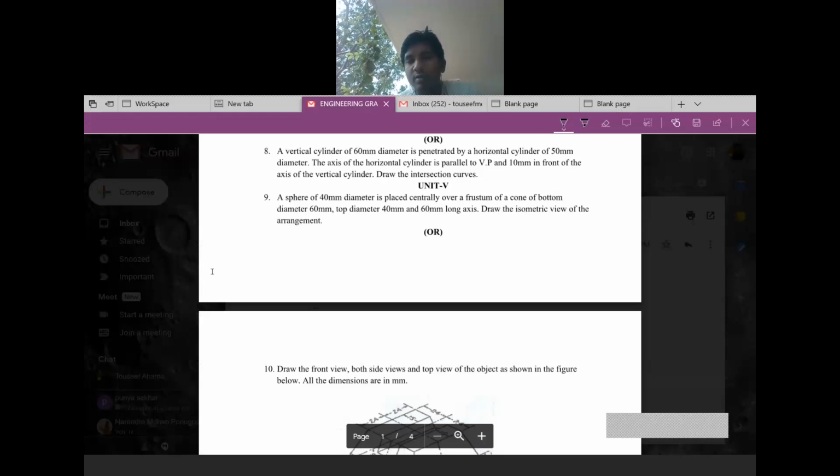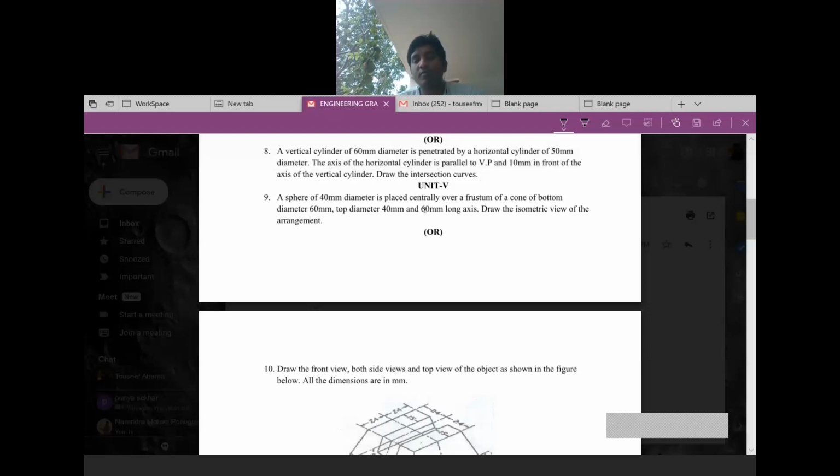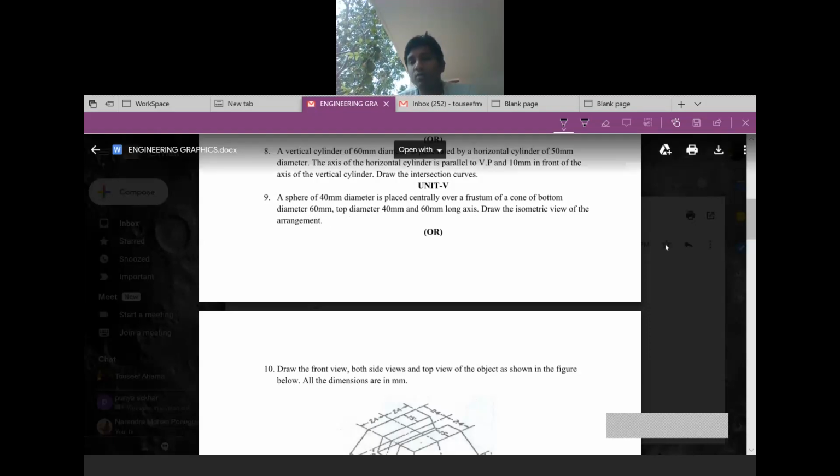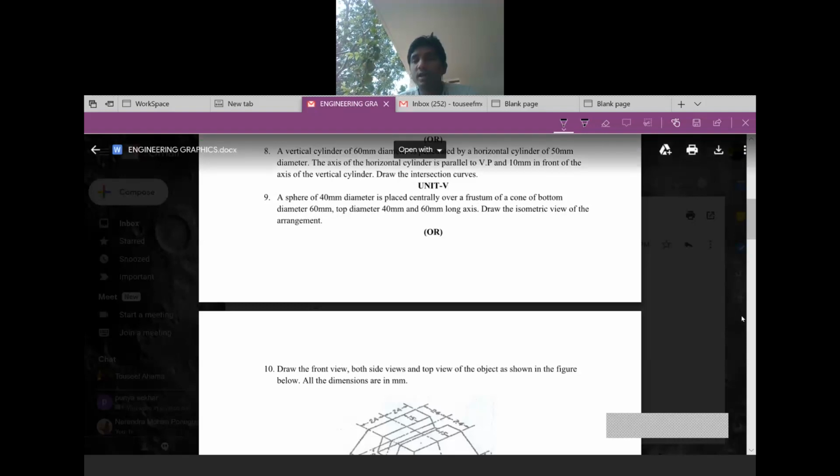Here you have to draw a sphere of 40 mm diameter placed centrally over a frustum of a cone of bottom diameter 60 mm, top diameter 40 mm and 60 mm long axis. Draw the isometric view of the arrangement. Understand? The diameter of the sphere is 40 mm.